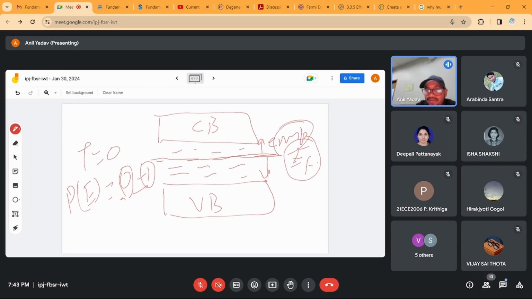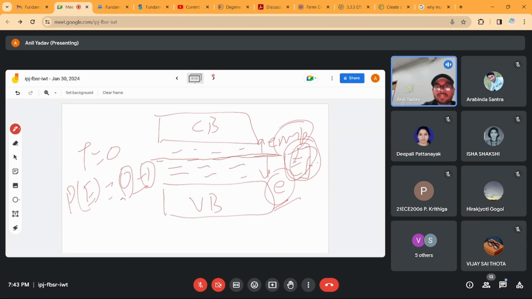All the defects below EF, defects being nothing but energy levels, will be occupied by the electrons, whether they are defects or valence band energy levels. Below EF they will be filled.